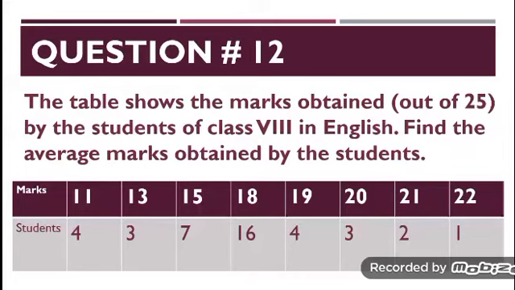First, we will find out these products and then we will add up all the products to find out the total marks of all the students. To find out the total number of students, we will add up the values 4, 3, 7, 16, 4, 3, 2 and 1.